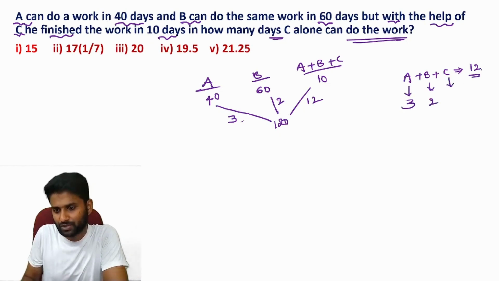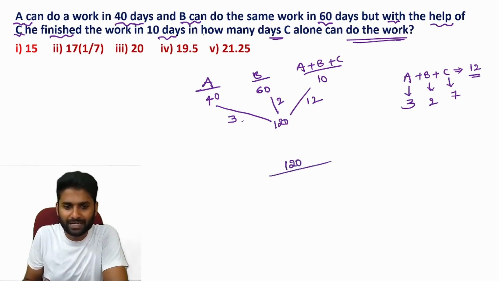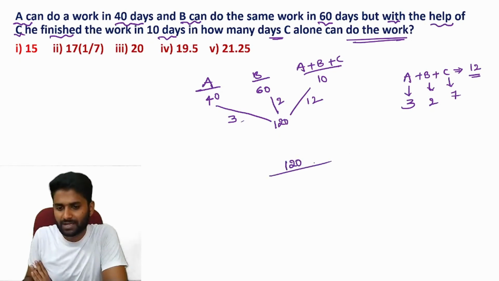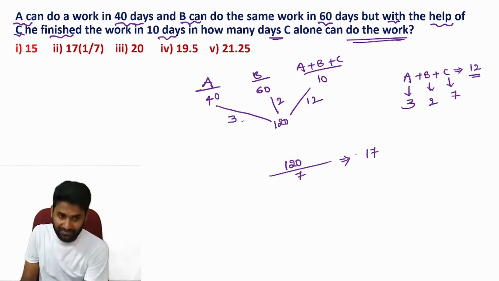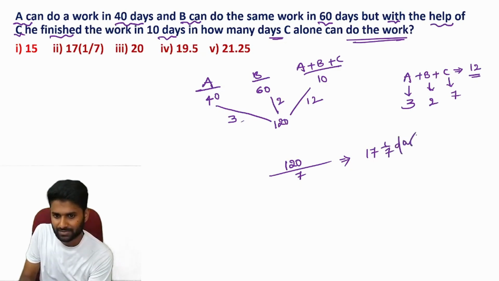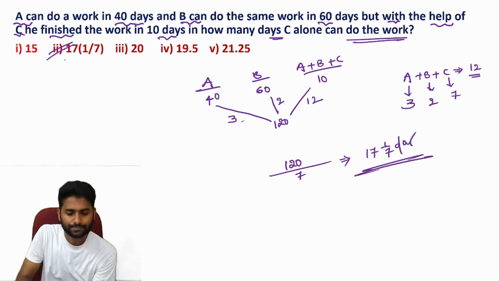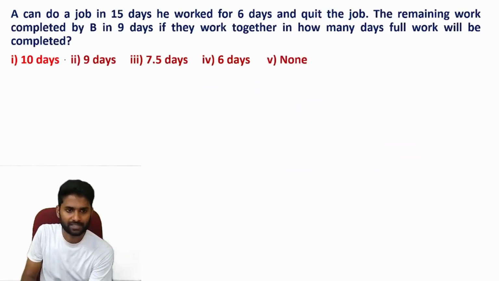Definitely C's efficiency is 12 minus 5, which is 7 units. Now the question: C alone completes exactly 7 units per day, so how much time does it take? Now see, for the calculation, 7 multiplied by 17 is exactly 119, and the remainder is 1 by 7.